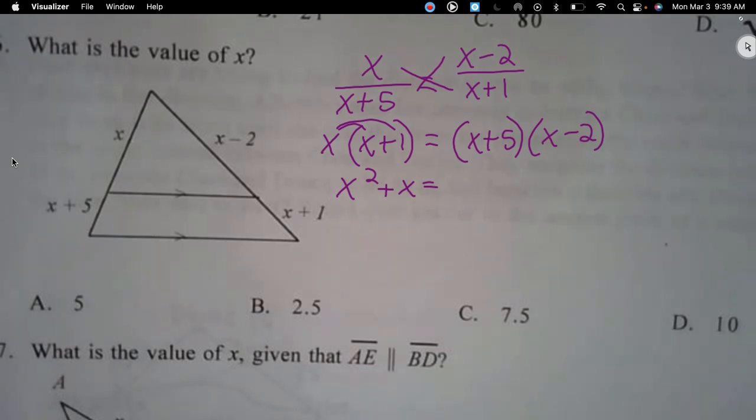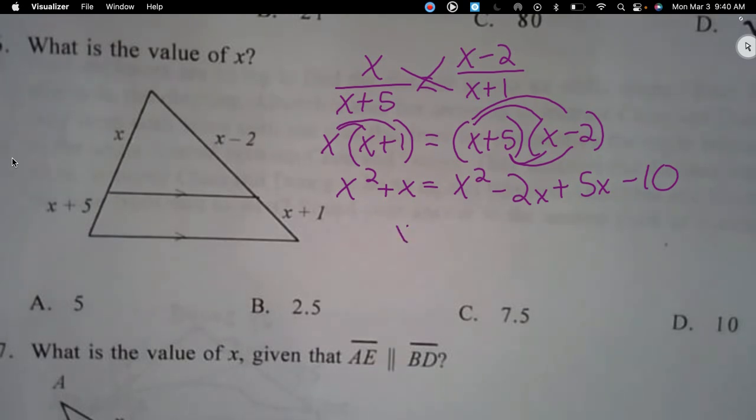The x squareds are going to cancel out though, so don't freak out, okay? This one we FOIL. So x squared minus 2x plus 5x, and then minus 10. Is everybody okay with the x squares just canceling out? If I subtract it, it's on both sides, they're going to go away. They cancel each other out. It's kind of like balancing.